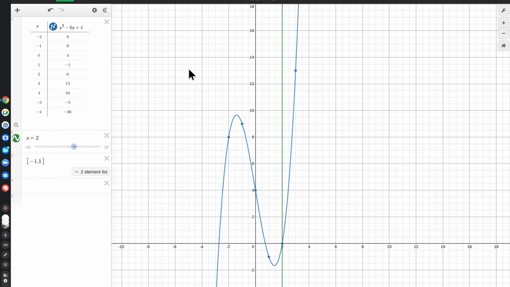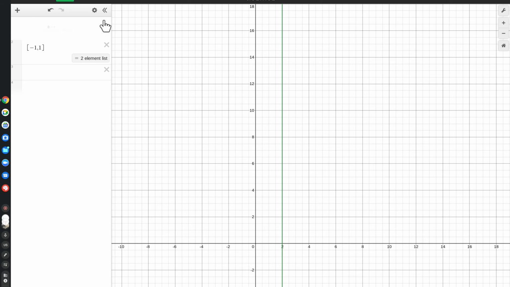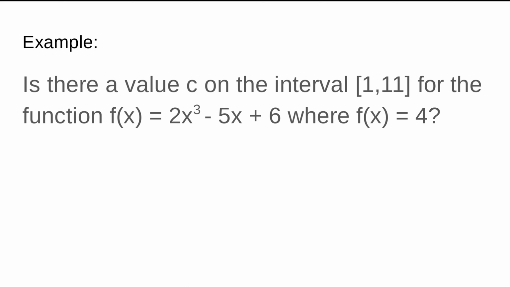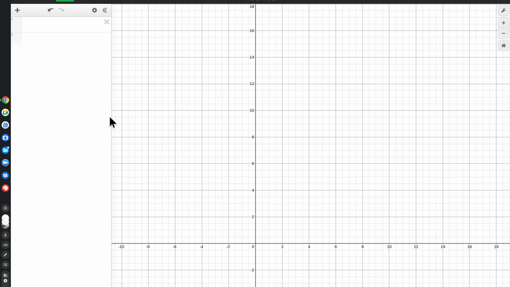So let's do an example. Is there a value c on the interval 1, 11 for the function f of x equals 2 times x to the power 3 minus 5x plus 6, where f of x equals 4? Okay, let's do this over here.